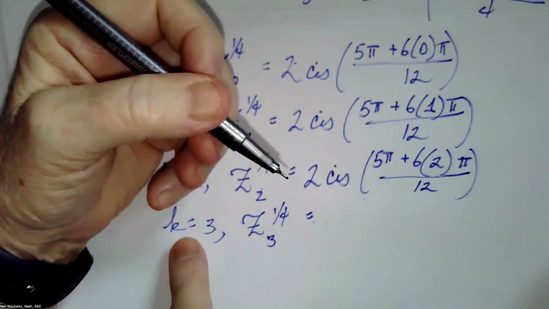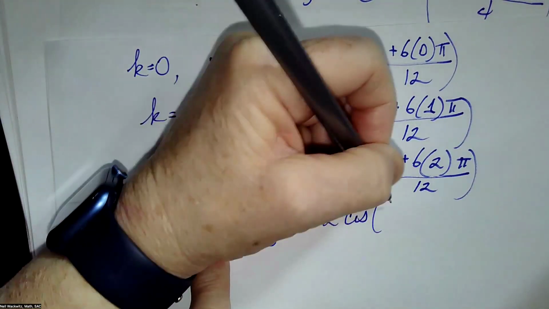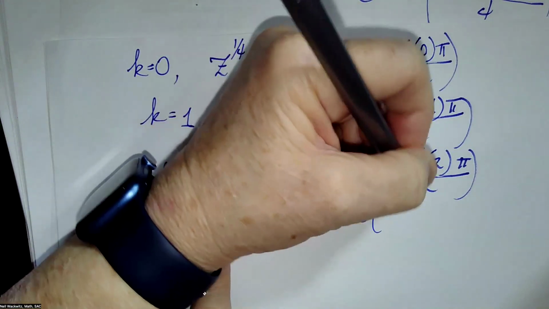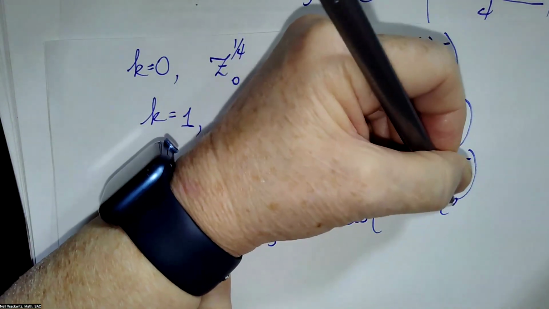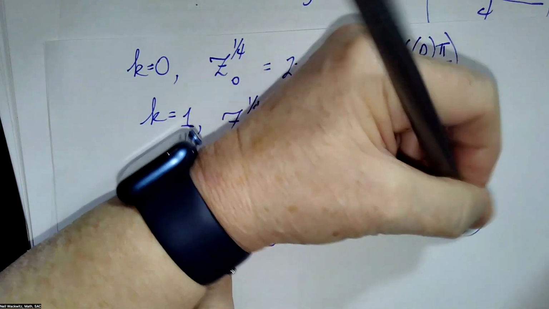And finally, we have k equals 3. So 2 cis (5 pi plus 6 times 3 pi) over 12.